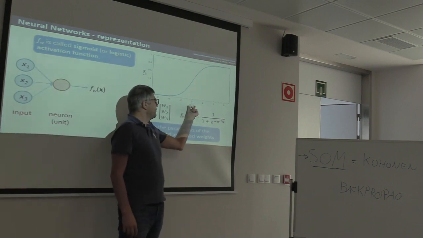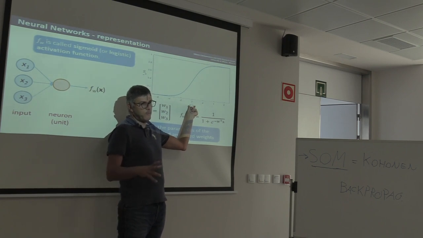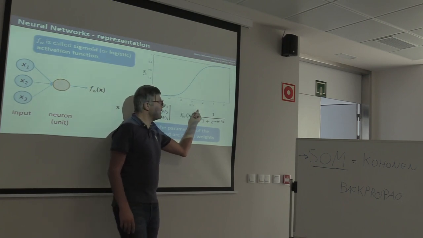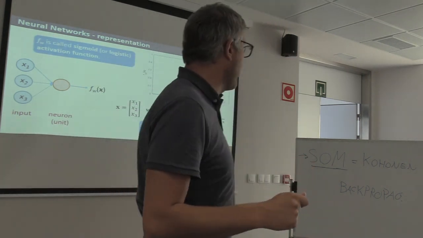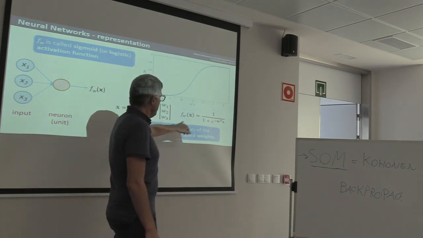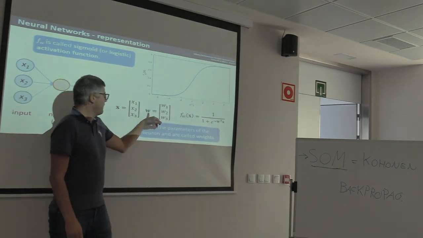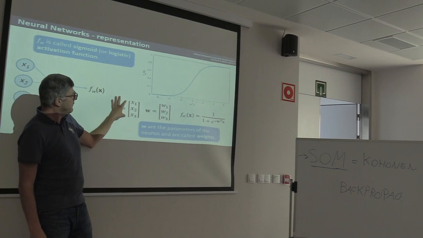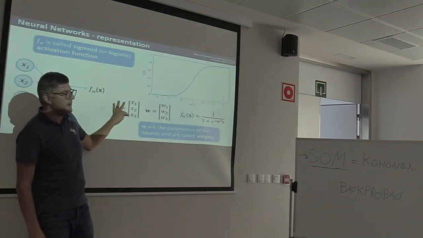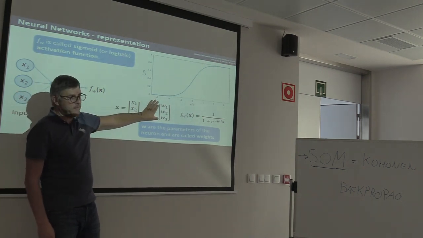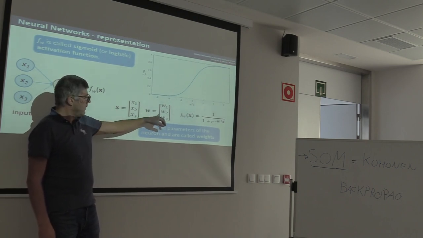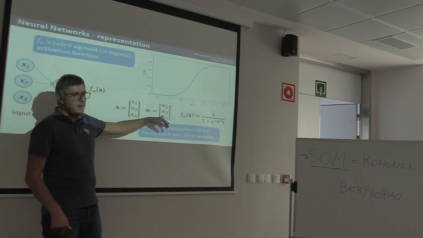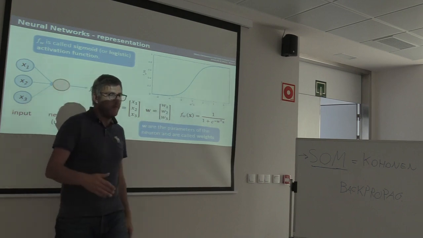Here you have a linear combination. If you know logistic regression, this is a linear combination of your variables, where V, can you see it? Yeah. This is your sample X with 3 variables, and you do a linear combination between X and V. Usually, these are called coefficients.